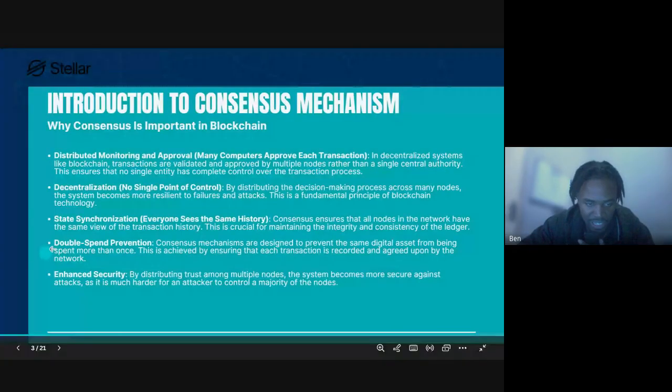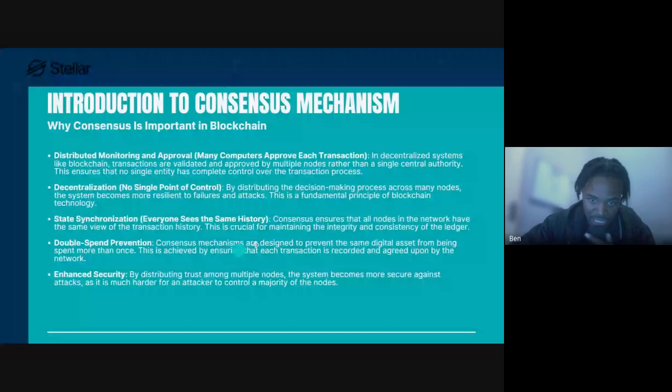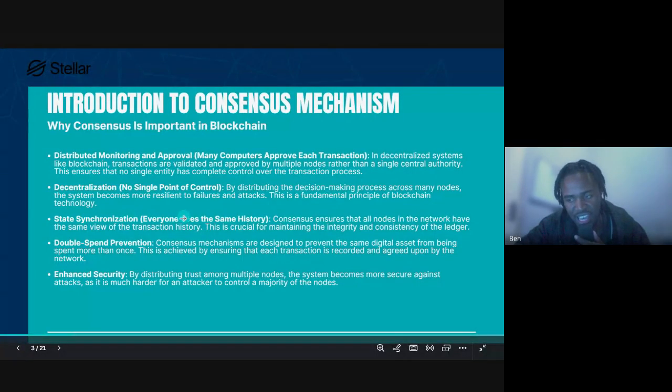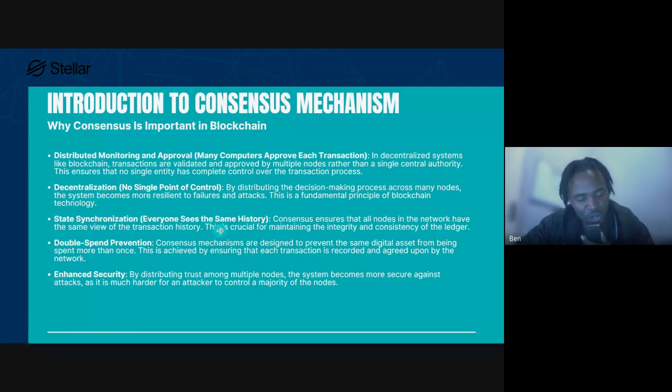And another reason why it's important, double spend prevention. Consensus mechanisms are designed to prevent the same digital asset from being spent more than once. This is achieved by ensuring that each transaction is recorded and agreed upon by the network. You don't want to be in a situation where you did one transaction and you're not really sure if the transaction went through, and then you do it again, and essentially double spending.